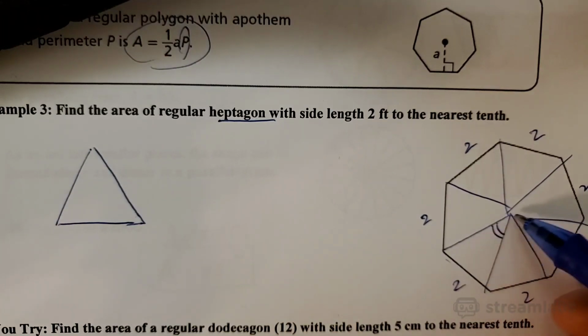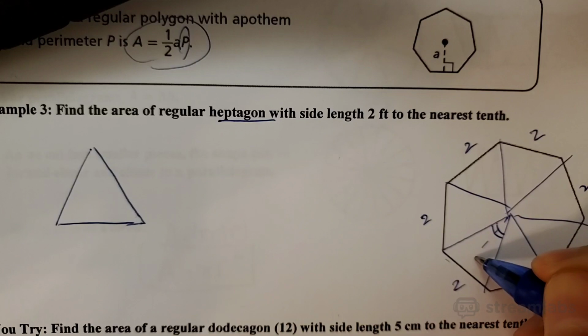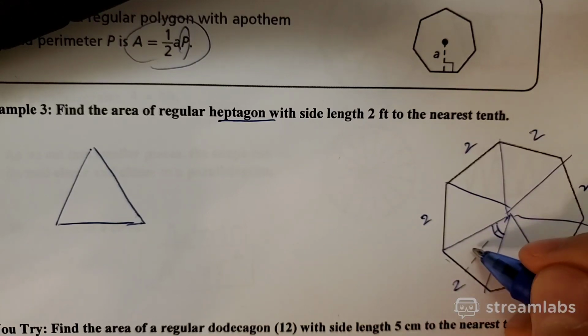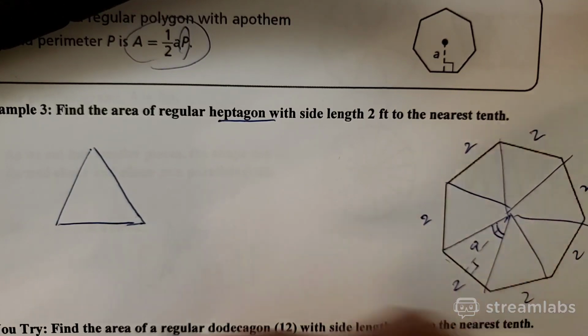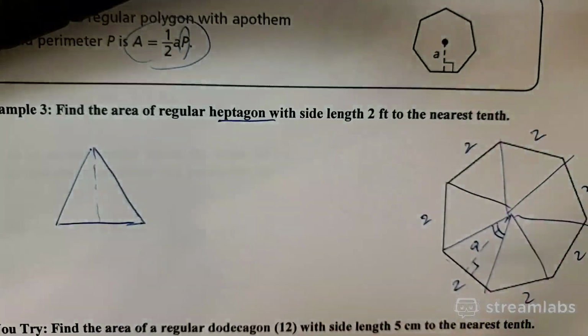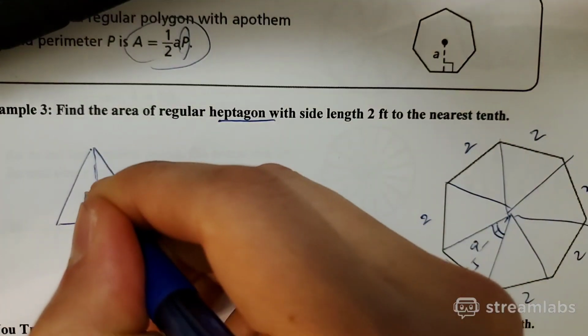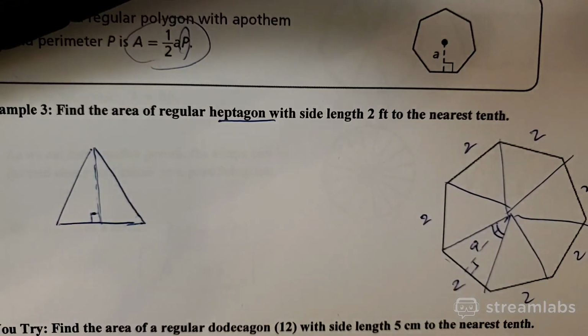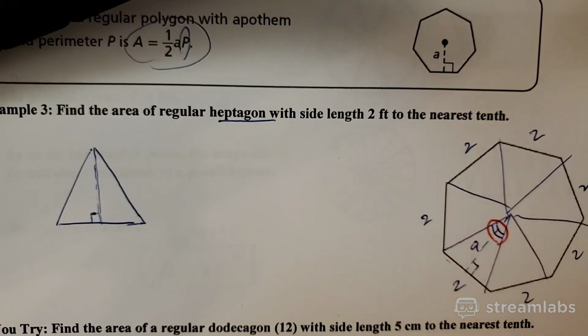Since they give you the base, let's not worry about radius here. You can worry about radius if they give you radius. So right now you need to find the apothem because you want to find the area. If you cut this, this will be the apothem. So tell me, what is the angle here? What should be the angle there?